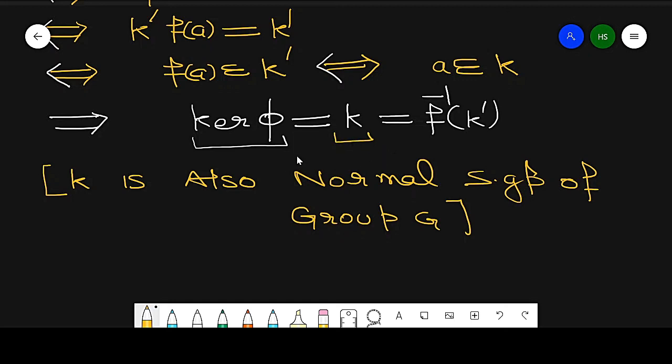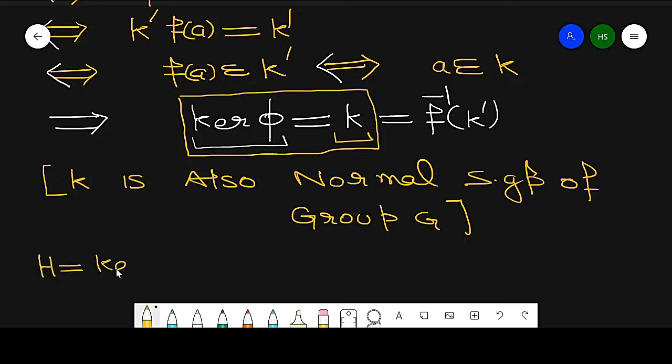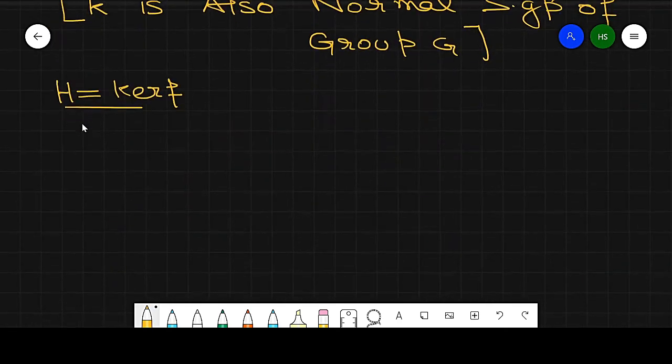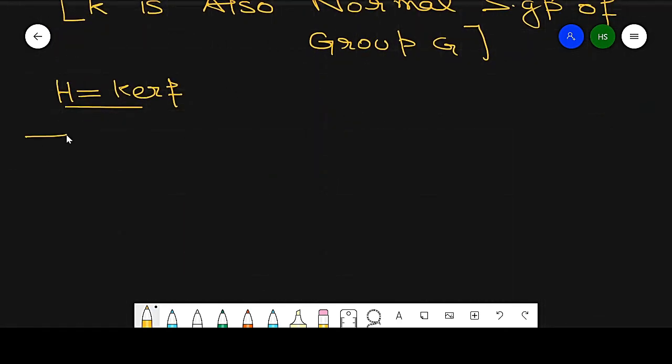Now the last part, kernel of phi or K, it contains H. So what is H? H is kernel of f. So H is a part of this K. H is part of kernel of phi. So to prove this part, now I take some element x which belongs to H. So what is H?